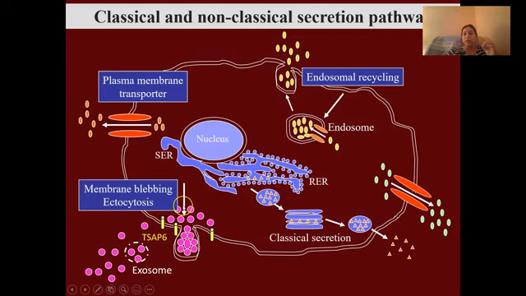And then you have another non-classical method called exocytosis, where again the molecules are going to collect. This time, instead of collecting on the outside of the cell, they're collecting towards the inside of the cell, on the inner membrane of the cell. And again, there are going to be other proteins that are involved in that process. T-sap6 is one of them. It will form this exosome that will cause membrane flapping and release of the entire exosome outside into the extracellular space. And that is one of those non-classical processes as well.